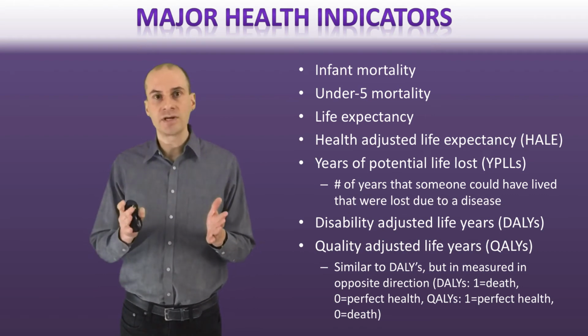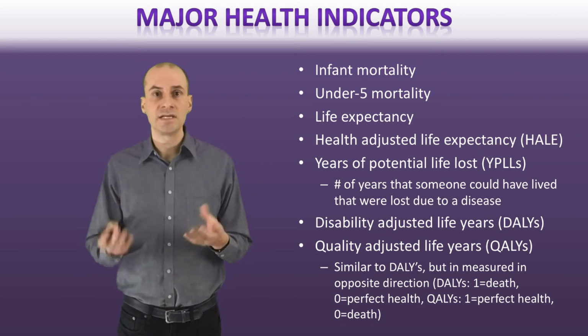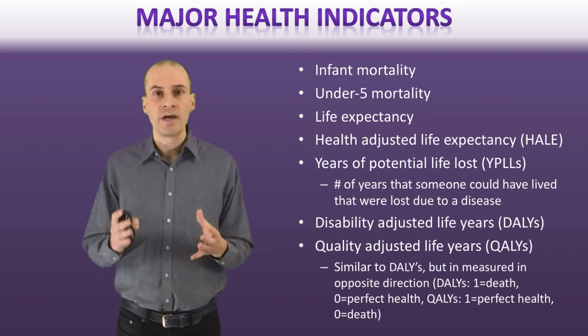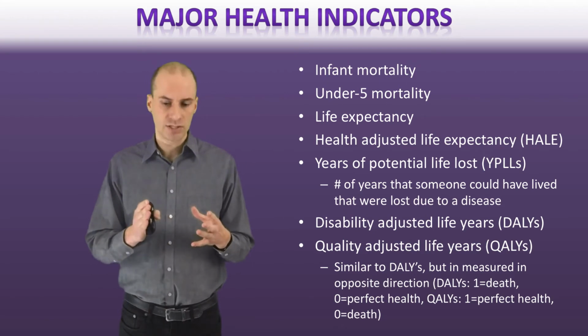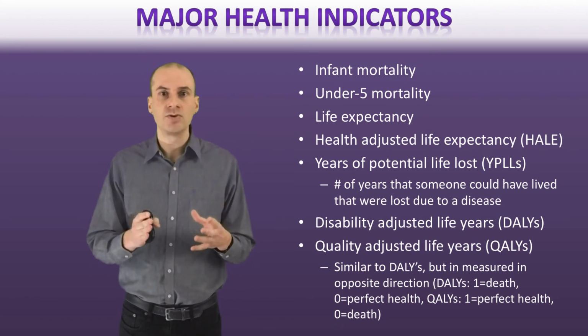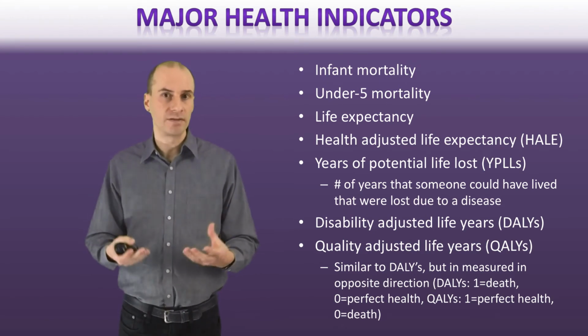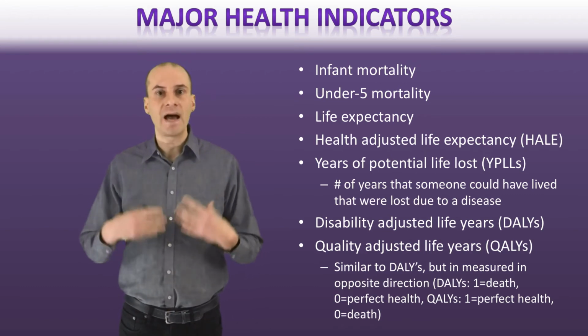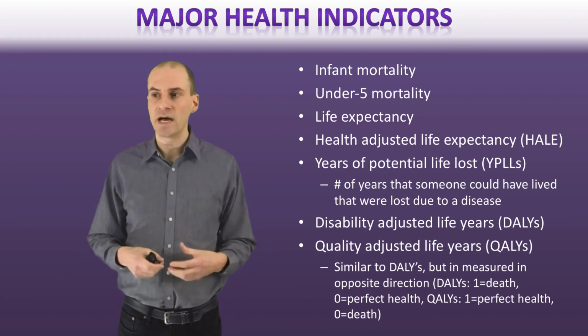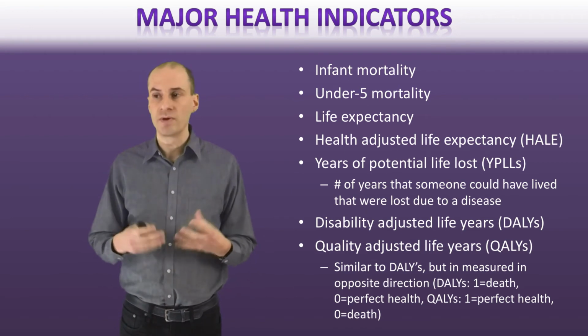So you take a year and you could say, if someone has this disease that's really painful or hard, the value of that year could be decreased down to 0.7. All right. So you're adjusting the impact of a disease on somebody's health within a year.